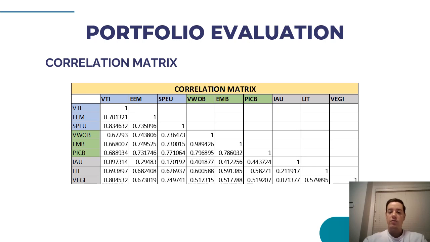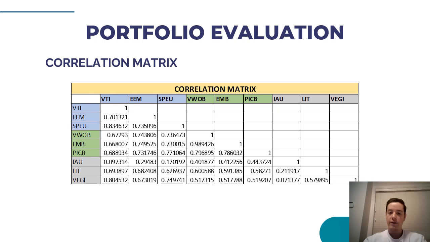BTI has strong correlations with several other asset classes in the portfolio, such as EEM with 0.70, SPEU with 0.83, and VAGI with 0.80. This suggests that the returns of BTI tend to be positively related to those of these assets.